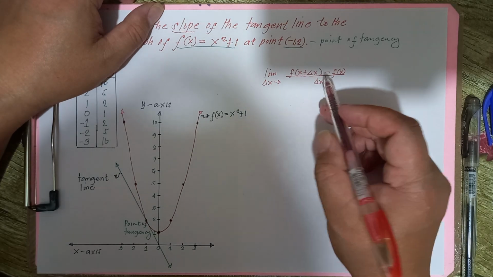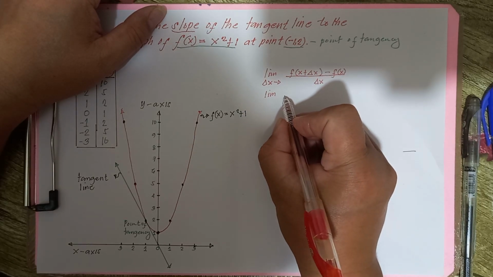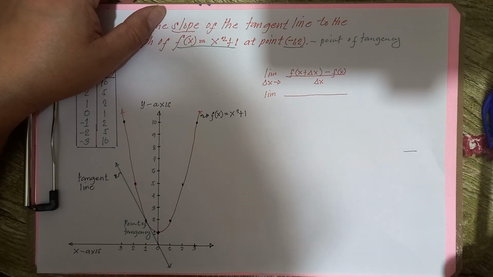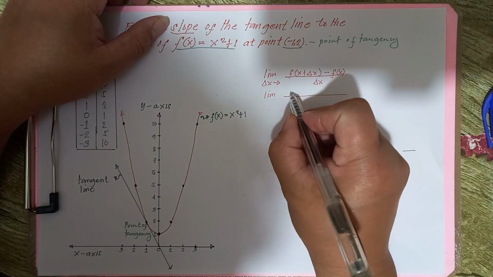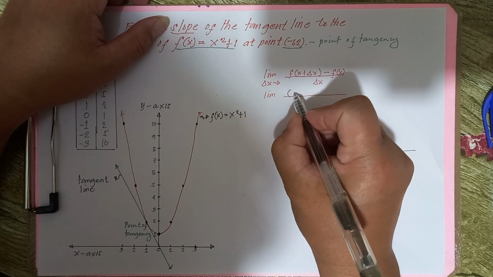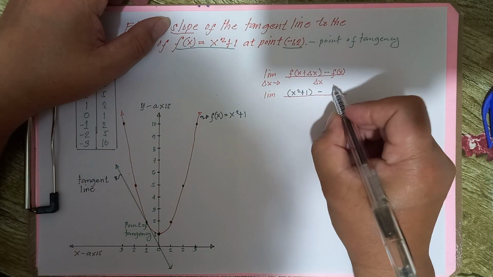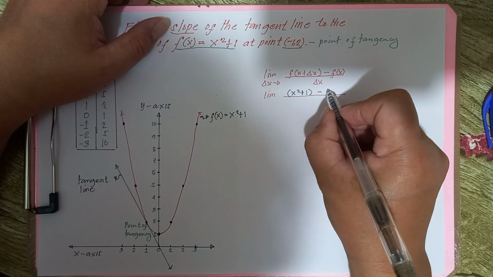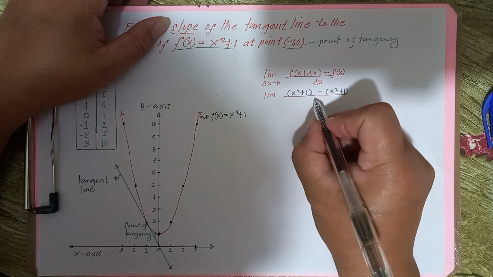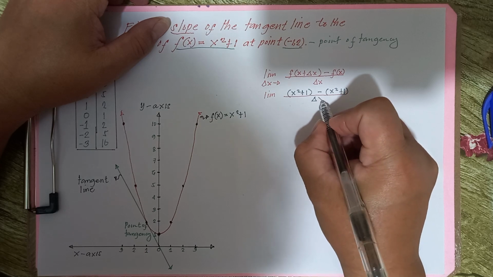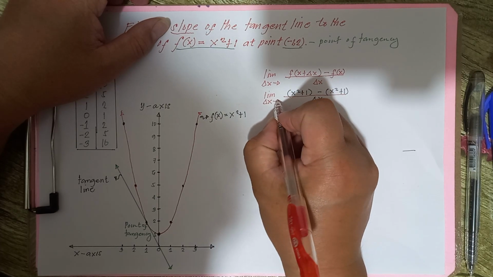So we can have now the statement: the limit of x raised to 2 plus 1, minus x raised to 2 plus 1, as the change of x approaches 0.